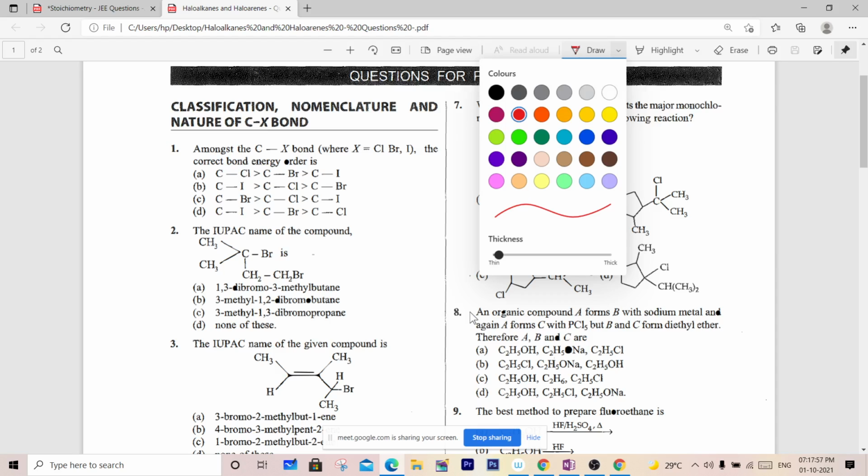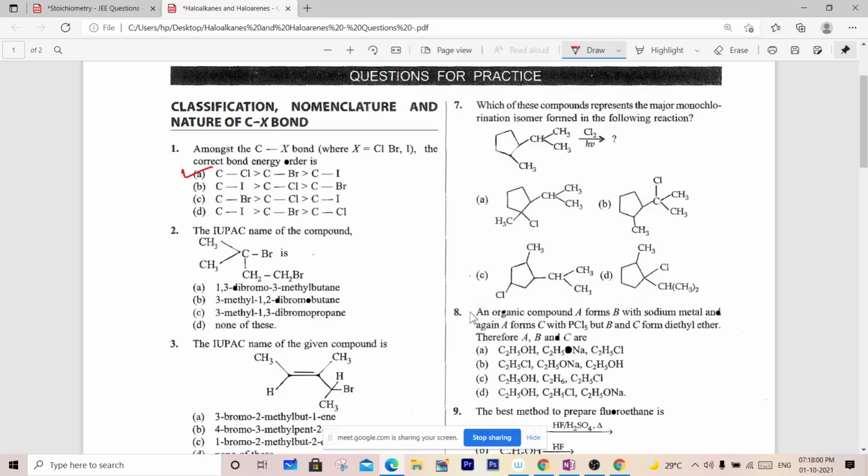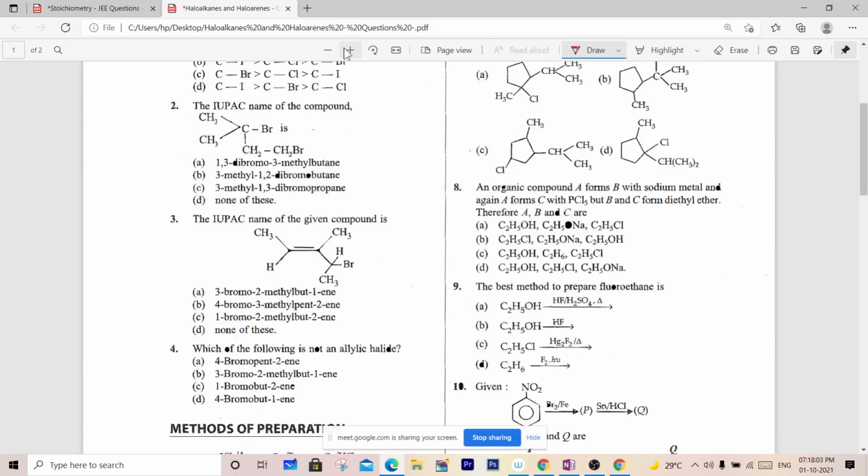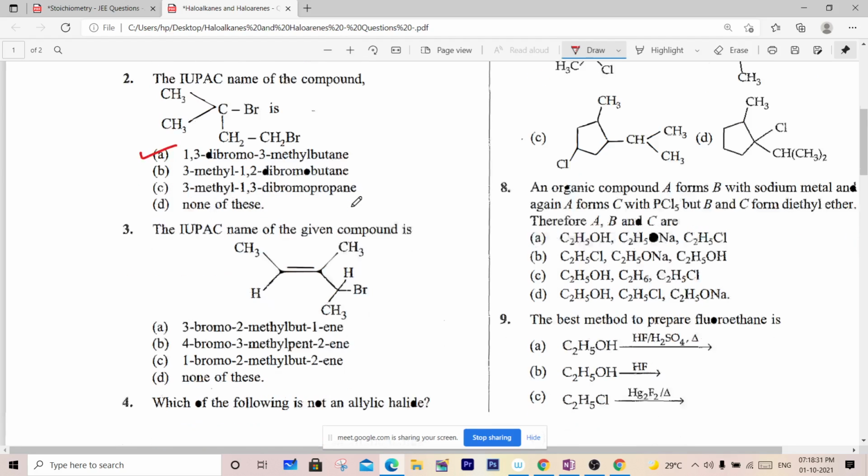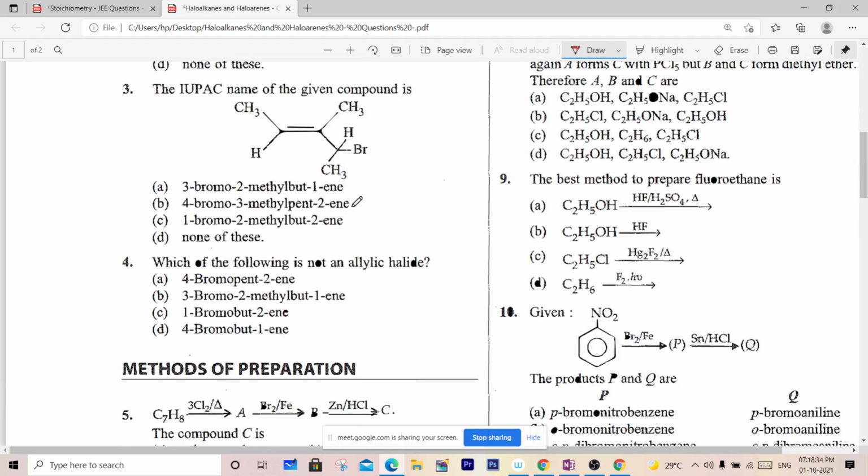So option A, right? Option A. Good. Second question. Option A. Everybody clear? Yes. Number 3.